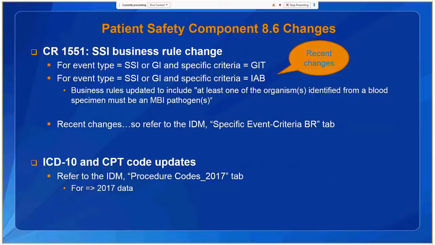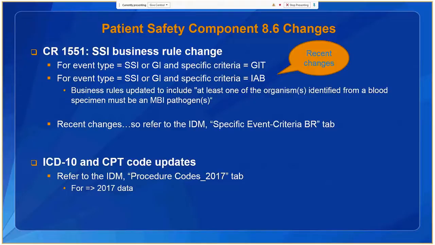So CR 1551 SSI business rules change. Once again, thank you for your questions. Made us go back to the SMEs and ask their opinion. And actually, we noticed there was a discrepancy between what we understood and their updated protocol. So there has been a change.